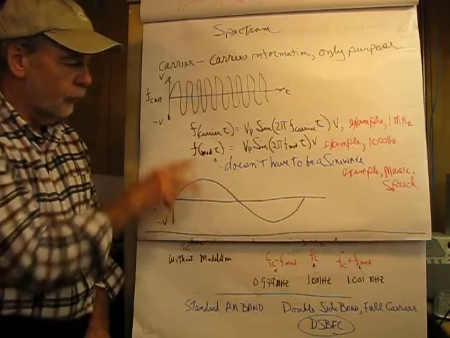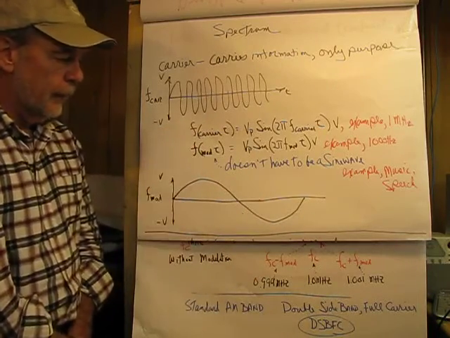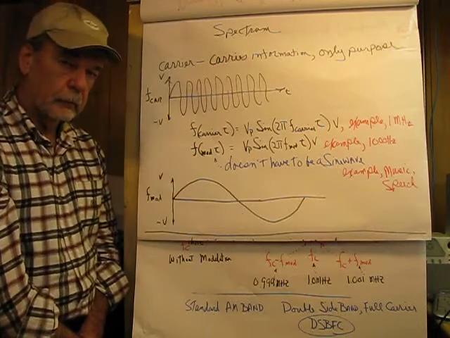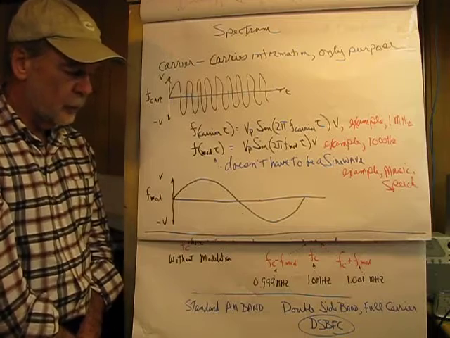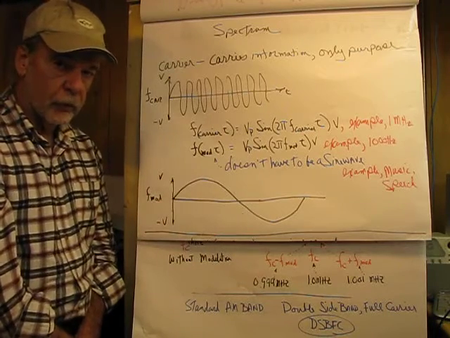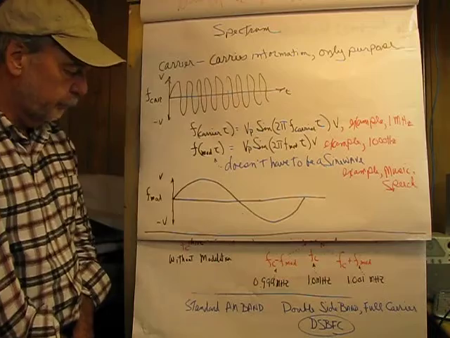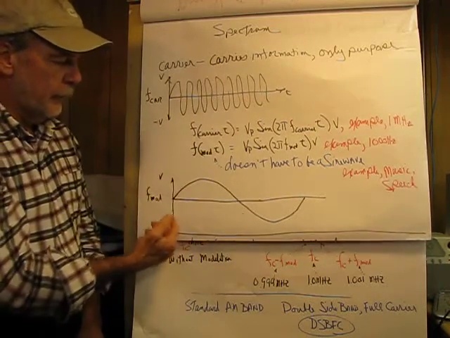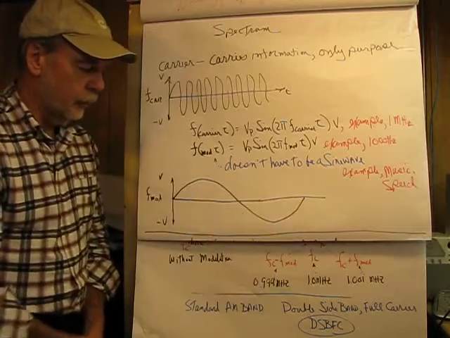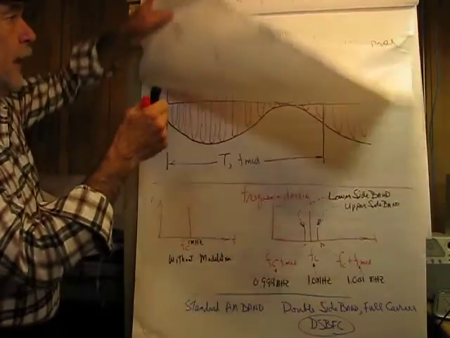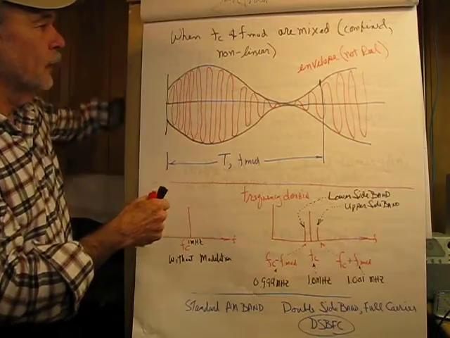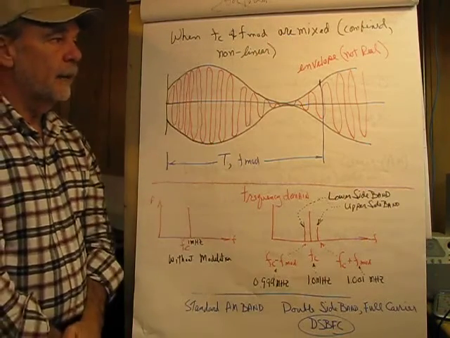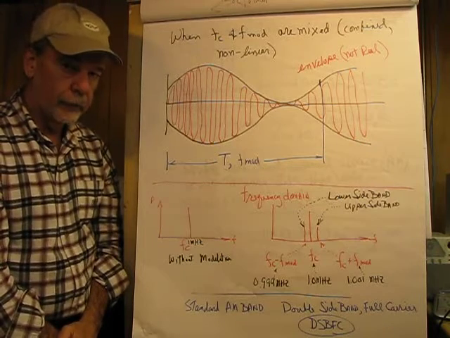So these should be very familiar equations, and the modulation does not have to be a sine wave. Like I said before, it can be music or speech, but in the analysis of this we're going to be using sines everywhere. So what we see here is that we have a high frequency carrier and a lower frequency modulating signal, and then what we have to do is combine them, and that's sometimes called mixing, and in this case it has to be non-linear.